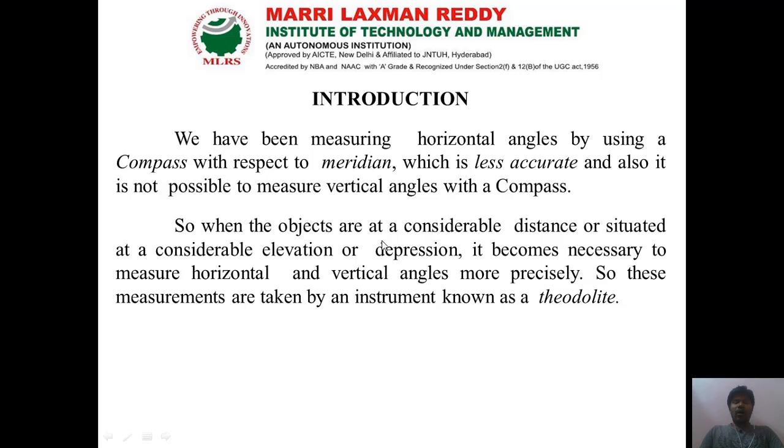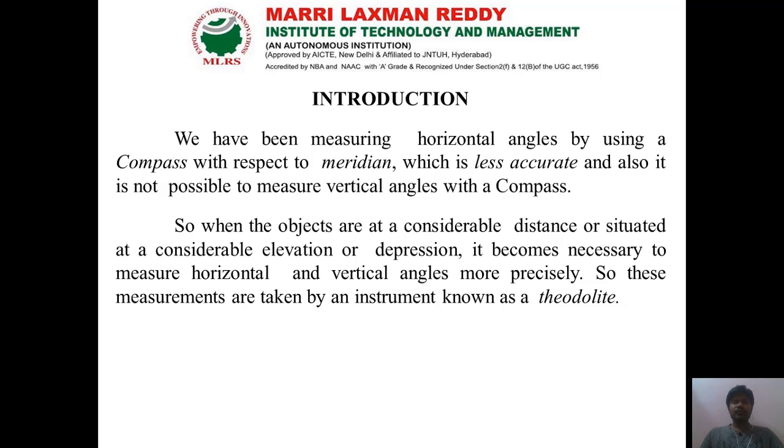When the objects are at a considerable distance and are situated at a considerable elevation or depression, then it becomes necessary to measure horizontal and vertical angles more precisely. These measurements are taken by the instrument known as theodolite.